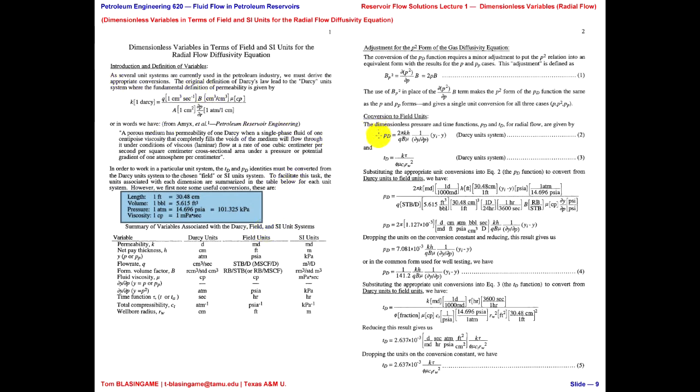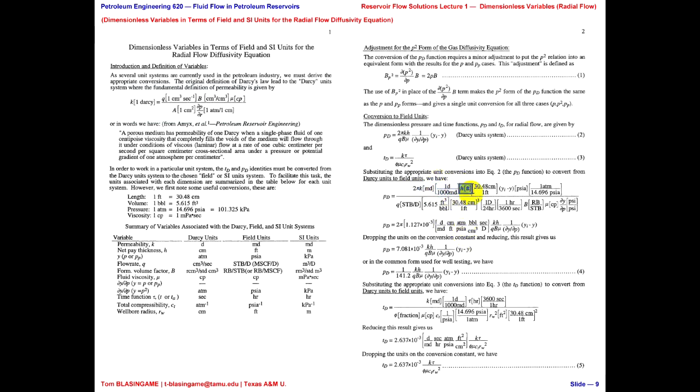Okay, so we'll start over here. Here's the definition of dimensionless pressure. Here's the definition of dimensionless time in Darcy units. So that corresponds to this system of units. So how do we work this? Well, we want to work in millidarcies because that's what field units are in. There are 1,000 millidarcies in a Darcy.